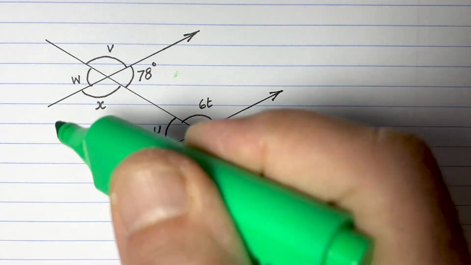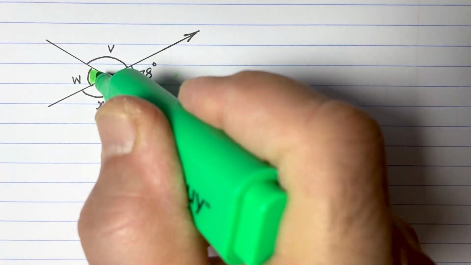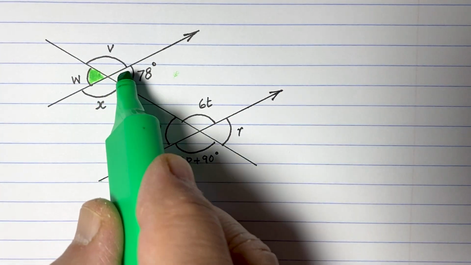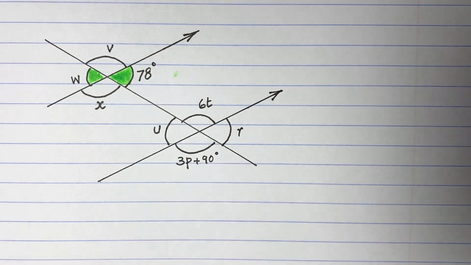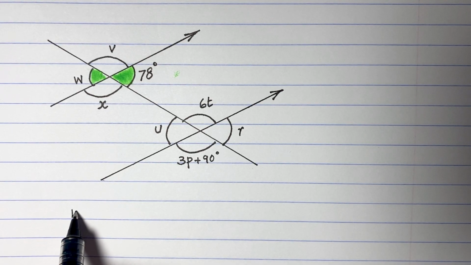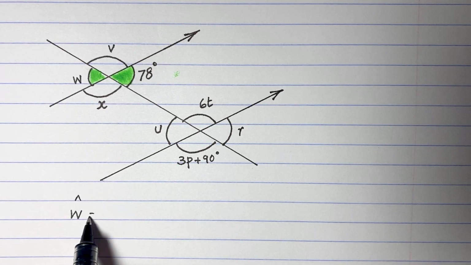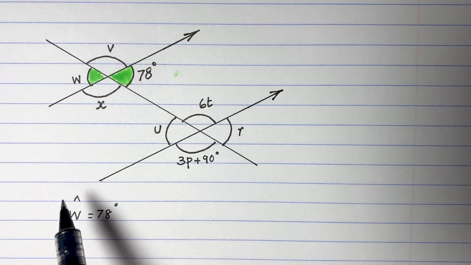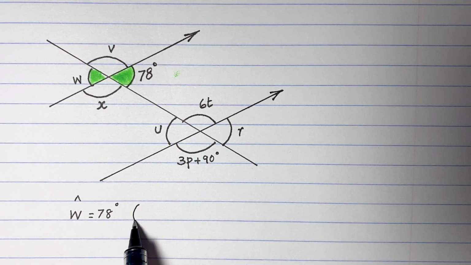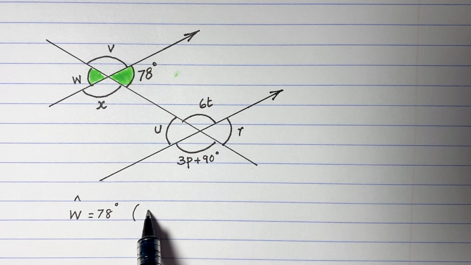So W, which is one of those small angles, equals 78. But the reason is vertically opposite angles. So I will say W equals 78. So I get 1 mark for finding the answer and another mark for the reason.